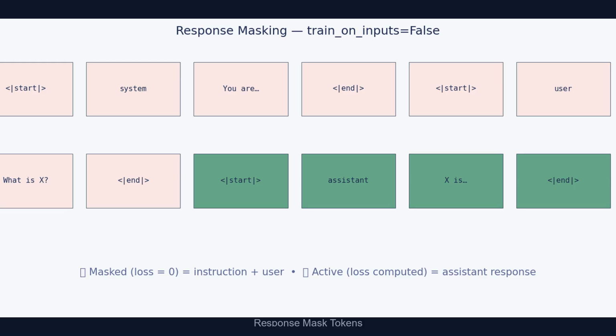This means gradient updates only flow from the part of the sequence the model is actually being trained to generate. Without response masking, the model wastes capacity trying to predict the system prompt word for word, which hurts both training efficiency and final model quality. Unsloth's SFT trainer applies response masking automatically when it detects the chat template format.